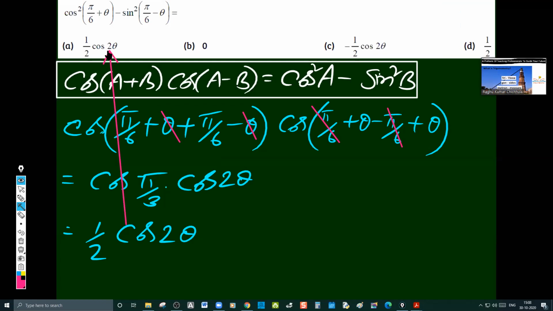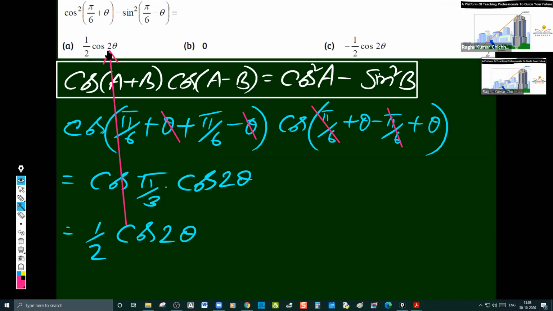Cos of A plus B into cos of A minus B gives cos square A minus sin square B, and also sin square A minus cos square B.